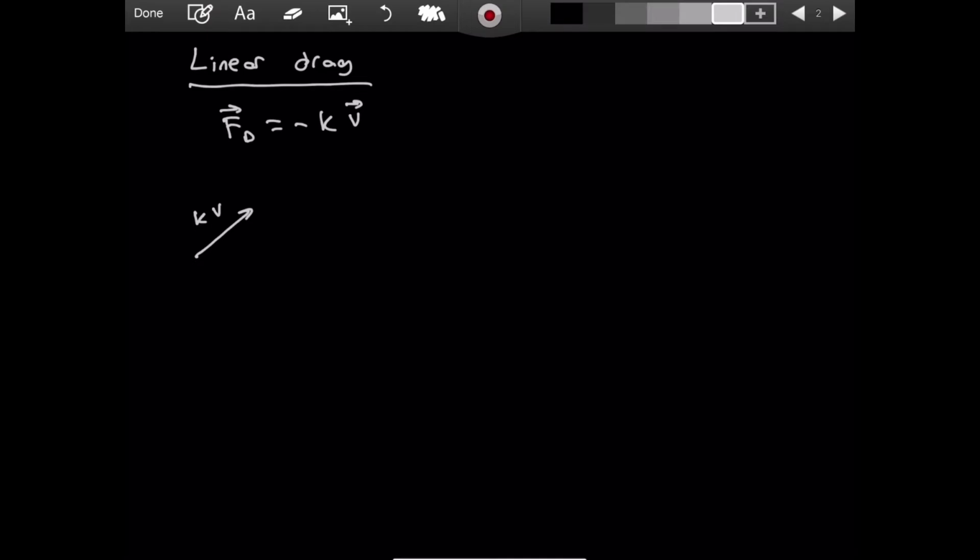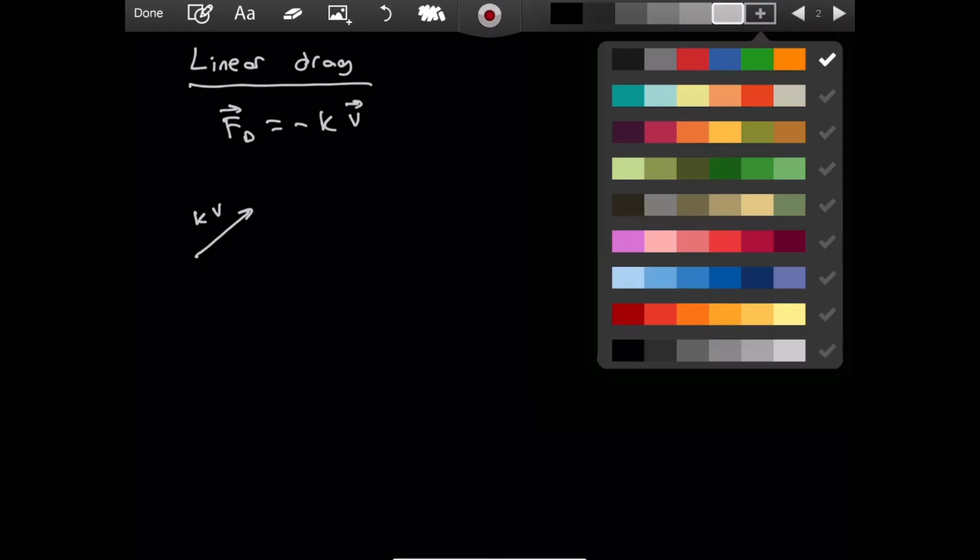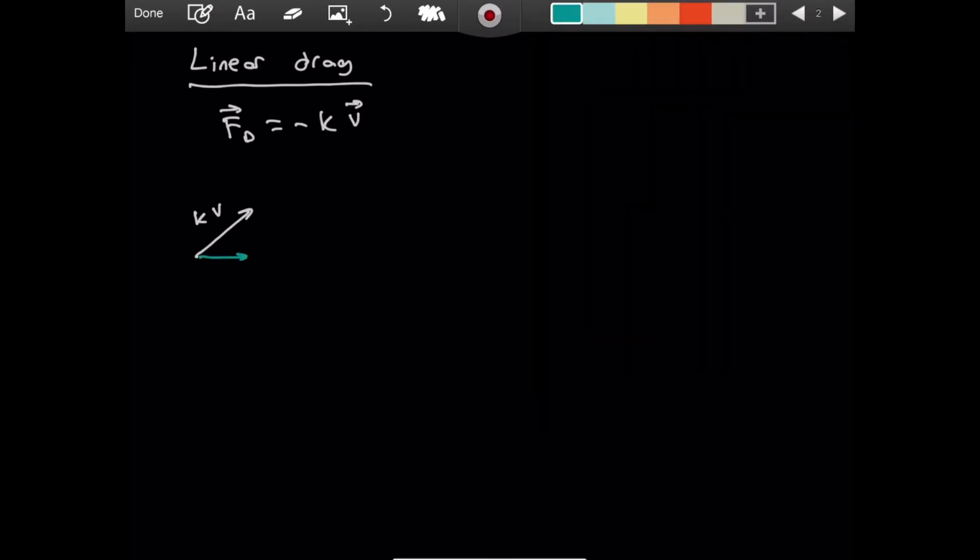Then we can separate it into its two components. If we choose x and y like that, then this will be kvx and this will be kvy. So this is the case for linear drag.